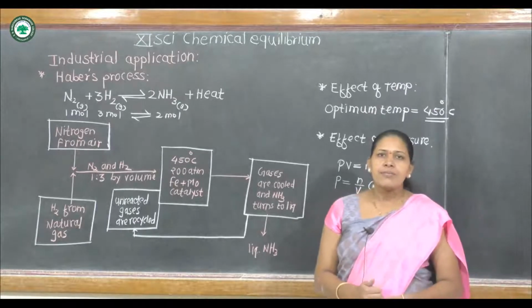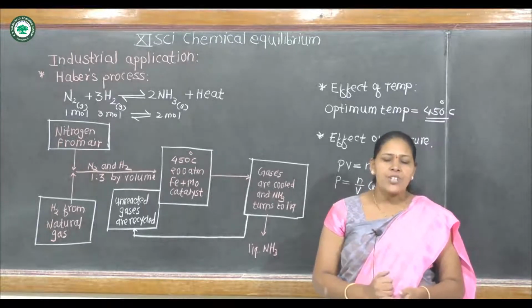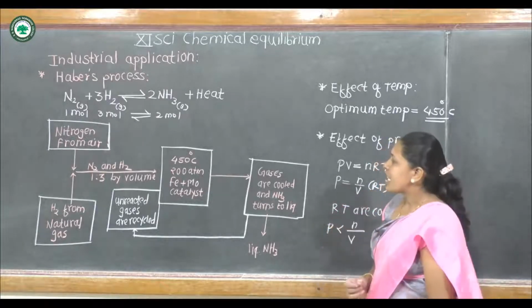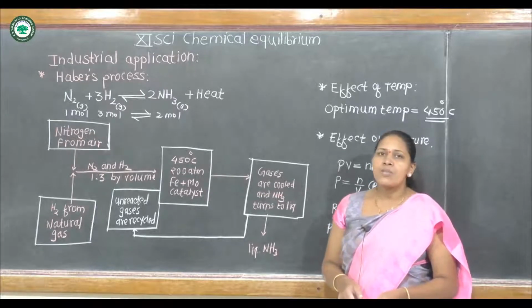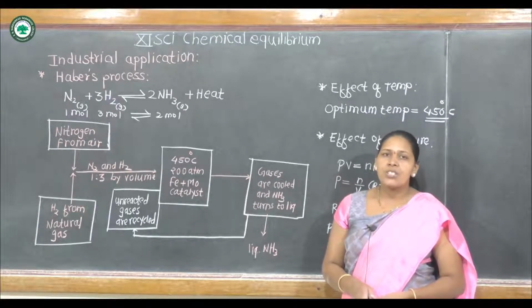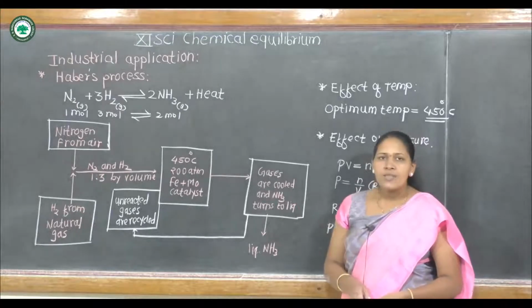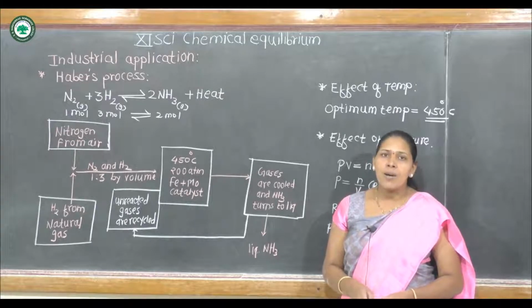But at high pressure, the catalyst becomes inefficient. Which catalyst is used in this reaction? Iron in presence of a small quantity of molybdenum is the catalyst for this reaction. At high pressure, the forward reaction becomes favorable, because it occurs with a decrease in number of moles, and it increases the yield of ammonia.